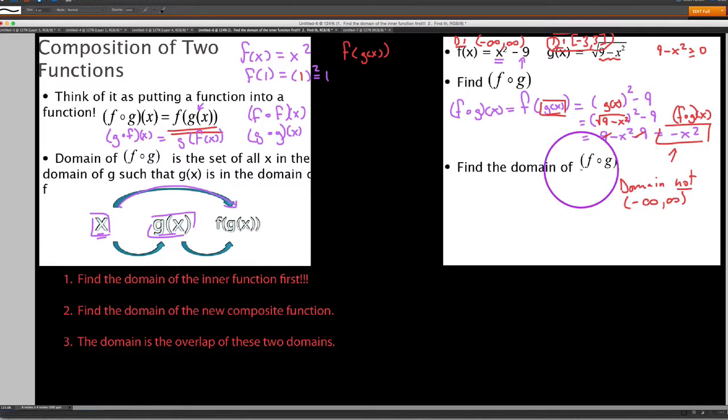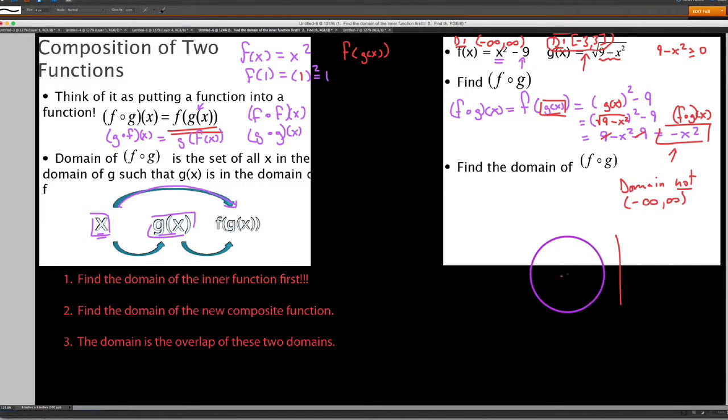And the reason why I can say this is because what it's going to be is the overlap of the two domains. So what we've done is this. We found the domain of the inner function. Check. We found the domain of the composite function, which appears to be negative infinity to infinity. Check. My question is, where would these two intervals overlap?